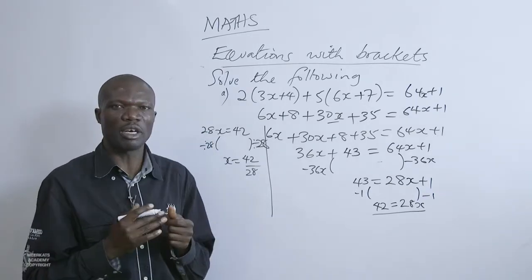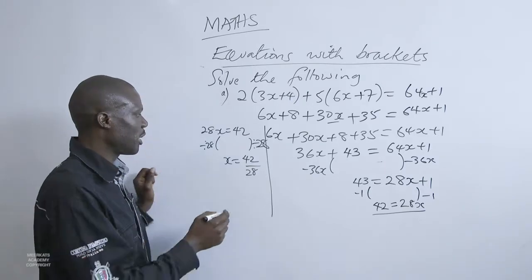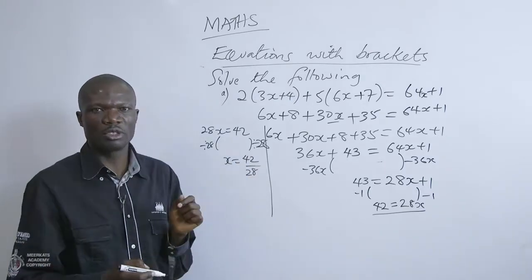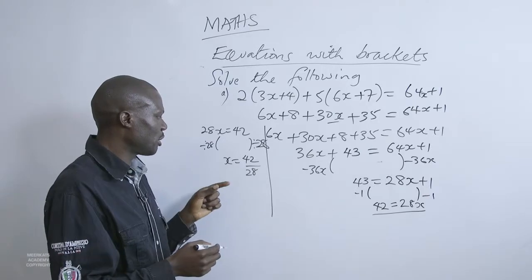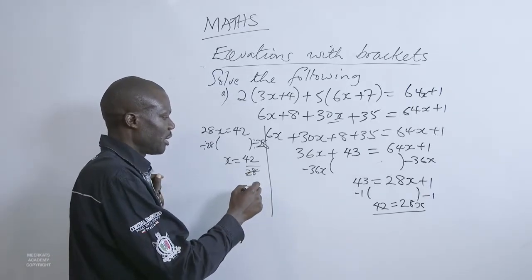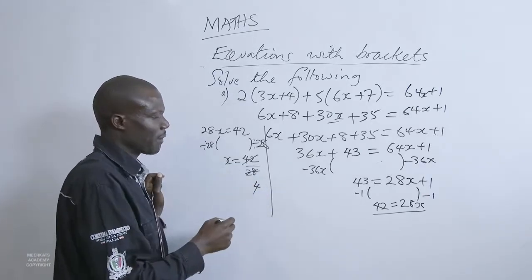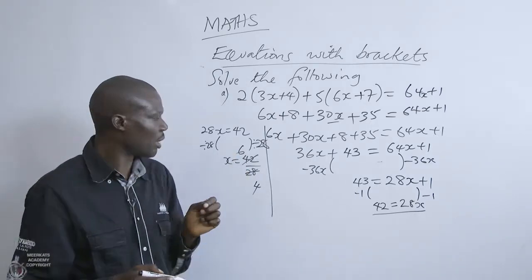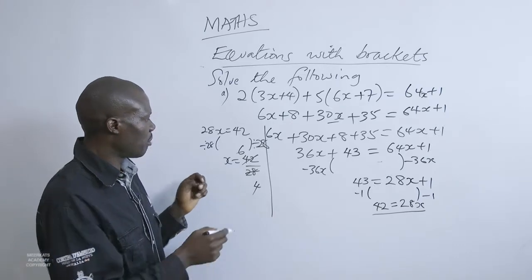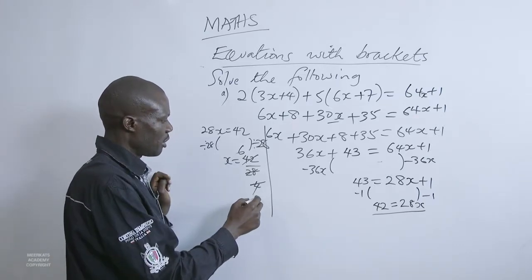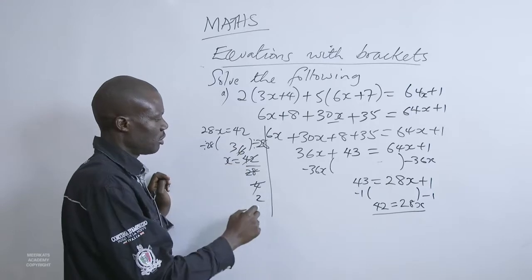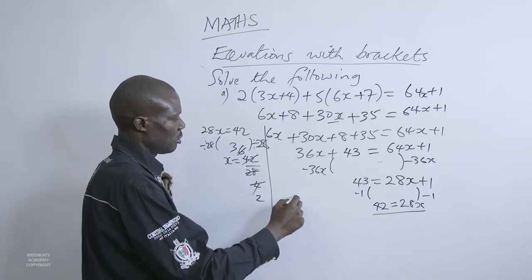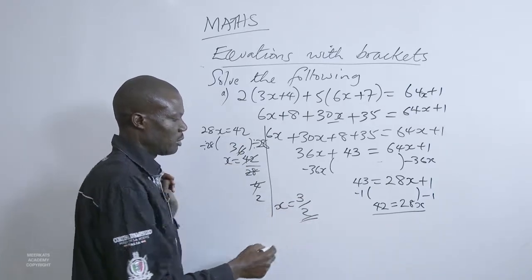So we need to simplify this further. For us to simplify this, the common factor between these two is 7. 28 divided by 7 is 4, and 42 divided by 7 you get 6. Then by 2, here you'll get 2, and by 2 it is 3. So x is equal to 3 over 2.